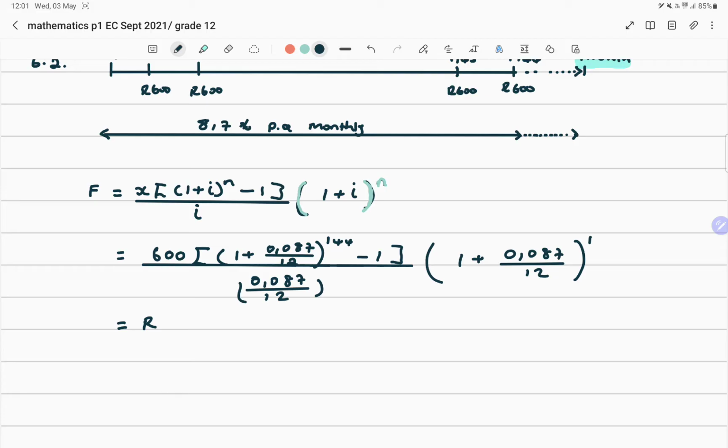Let's do the numbers. What are the numbers that we're getting? So 600 into 1 plus 0.087 over 12 raised to the exponent 144 minus 1, close that bracket, 0.087 divided by 12. This thing, we are multiplying it by 1 plus 0.087 over 12.